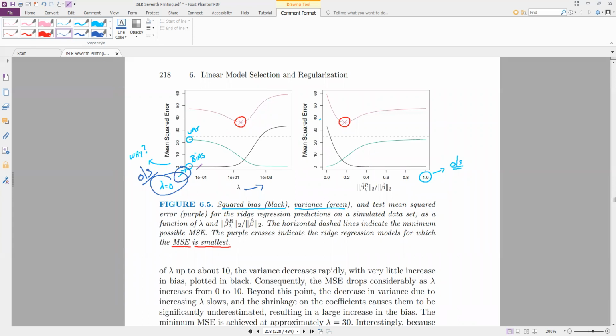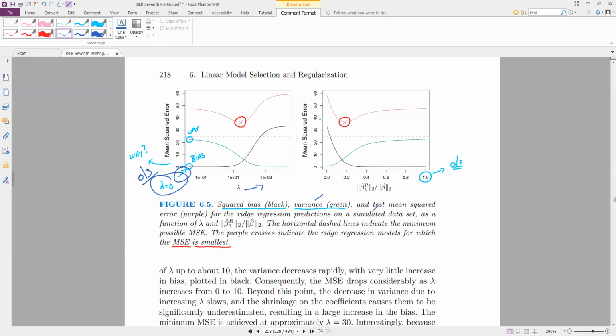What happens to the squared bias? Well, it goes here, and then it starts to rise. What happens to the variance? The variance starts to drop over here. Remember, they're a trade-off of one another, so it makes sense that you're seeing this type of curve, right? Sacrifice bias, trade off variance, that idea we've been talking about.